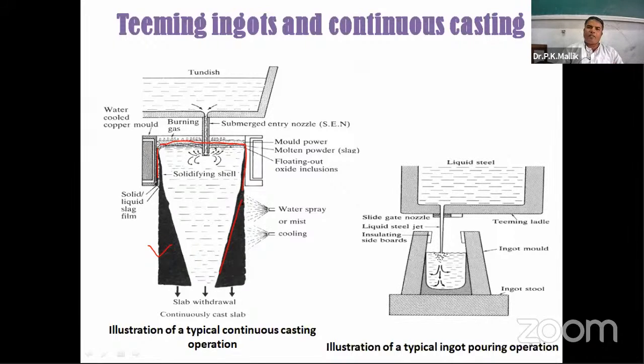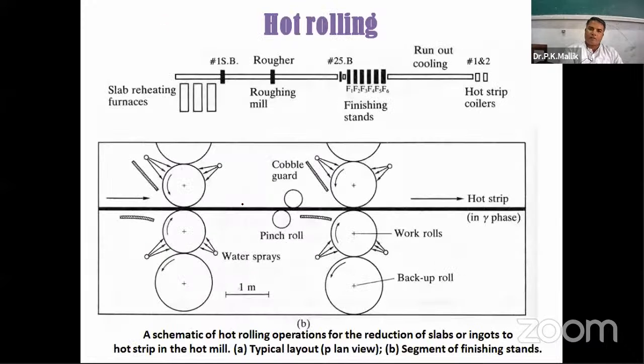These are the different transport phenomena you will find in our metallurgical processes, like integrated steel plants. Also you can find them in our rolling mills, hot rolling mills. Here there is simultaneous heat transfer also taking place.